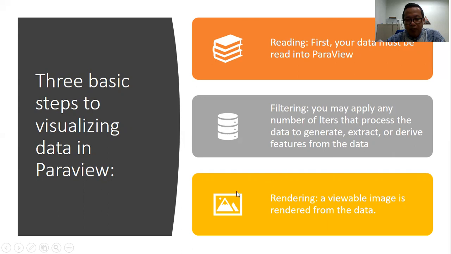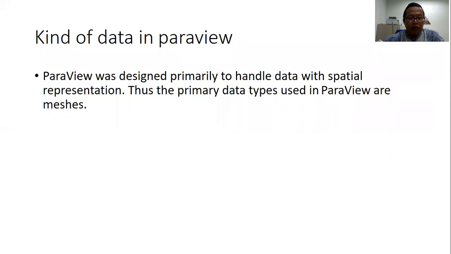The last is rendering: a viewable image rendered from the data. We have a kind of data and then we render it in ParaView. Going from the image back to the data can also be done.